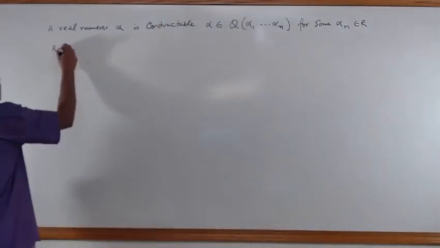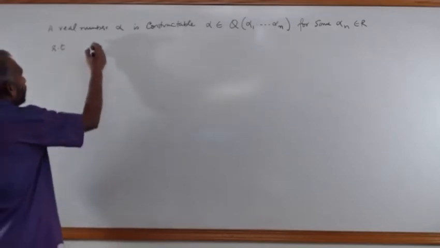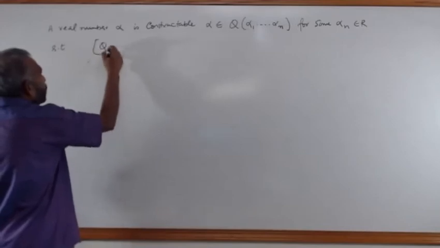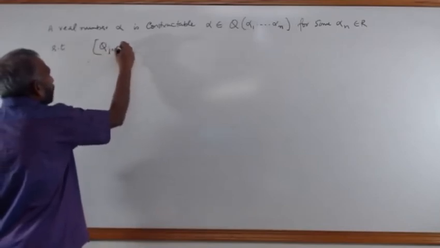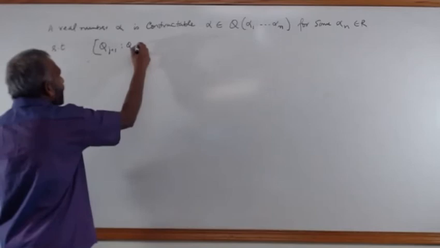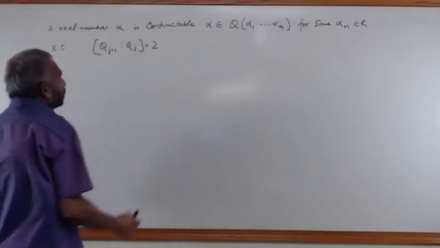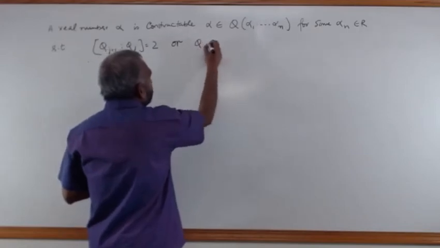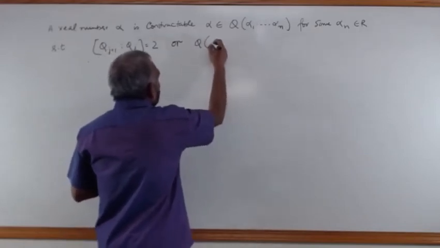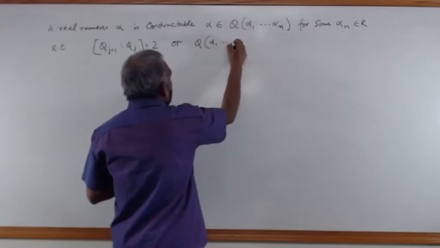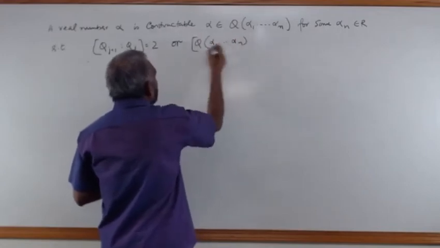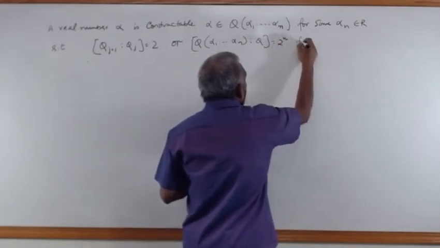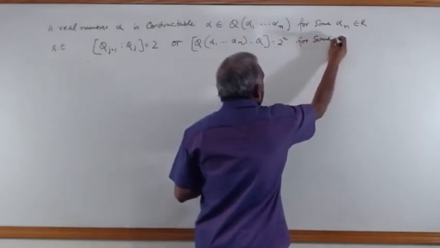such that the degree of Q(alpha 1, ..., alpha j+1) over Q(alpha 1, ..., alpha j) is equal to 2, or the degree of Q(alpha 1, ..., alpha n) over Q is equal to 2 to the power of n for some n.